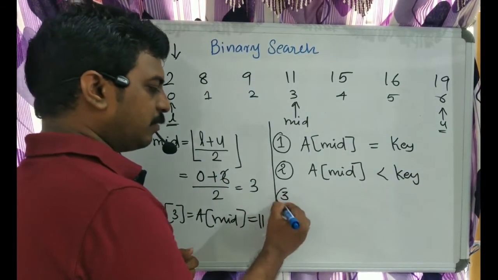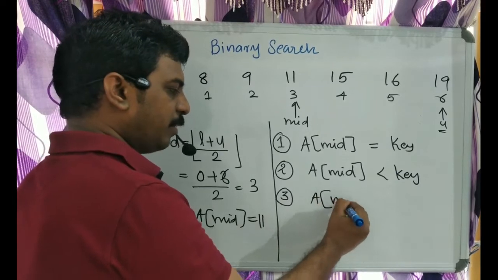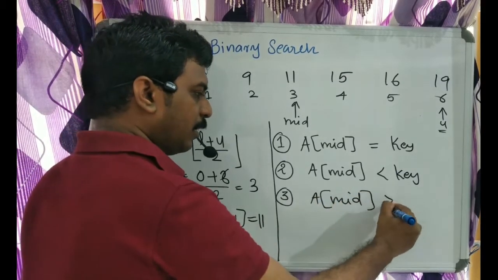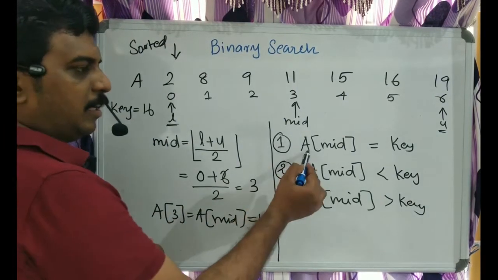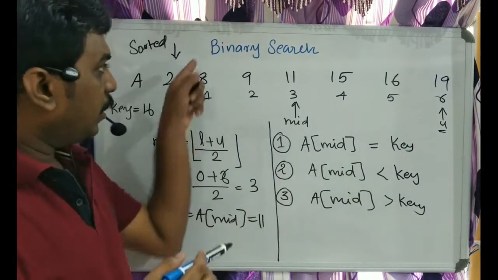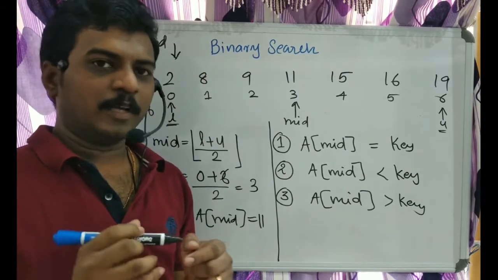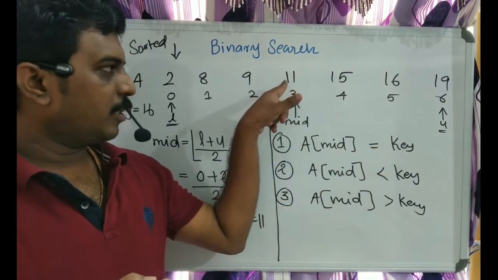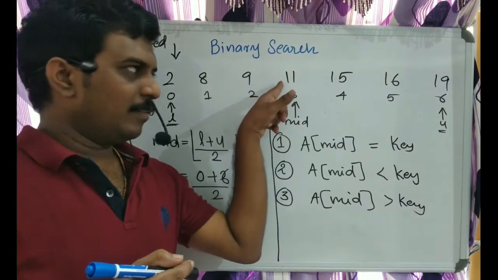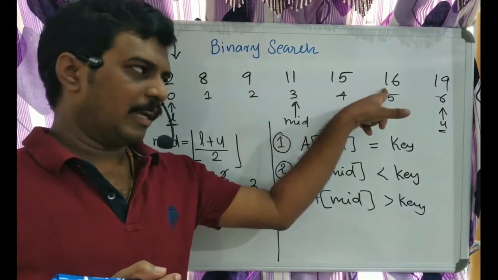And in the third case, A of mid is greater than the key element. If A of mid equals the key element, the binary search will successfully return, which means the key element is found at the middle position. But in this case, this is not the key element; 16 is the key element.